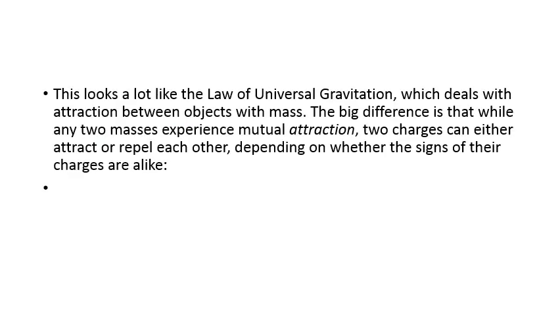This force looks like the law of universal gravitation, which deals with attraction between objects with mass. The difference is that charges can either attract or repel. This depends on whether the signs of their charges are like or different.